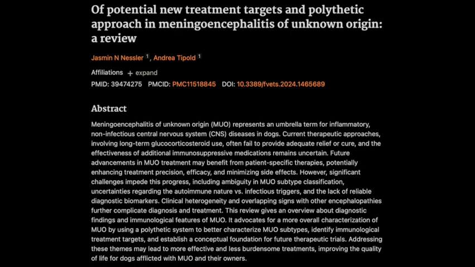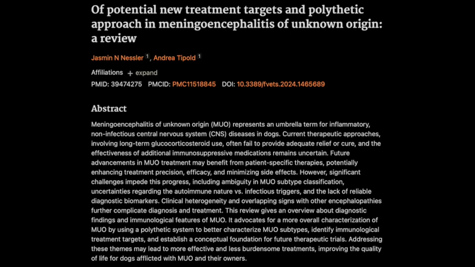So what does it mean that we're finding these antibodies in dogs that aren't showing any signs of disease? Well, it suggests that the blood-brain barrier might already be compromised at that point, allowing these antibodies to enter the brain and potentially interact with astrocytes. So the BBB might be getting disrupted before we even see any clinical signs. That's what we think.